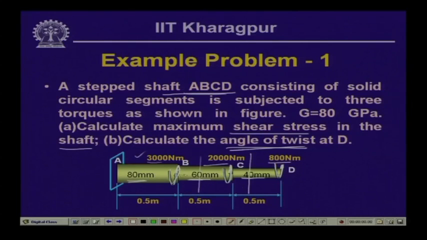Now, if we divide the shaft into 3 parts, let us call this segment 1, this part segment 2 and this part segment 3, and then we compute the values of the stresses in each of these segments. Since the 3 segments have 3 different diameters, they will have different polar moments of inertia.